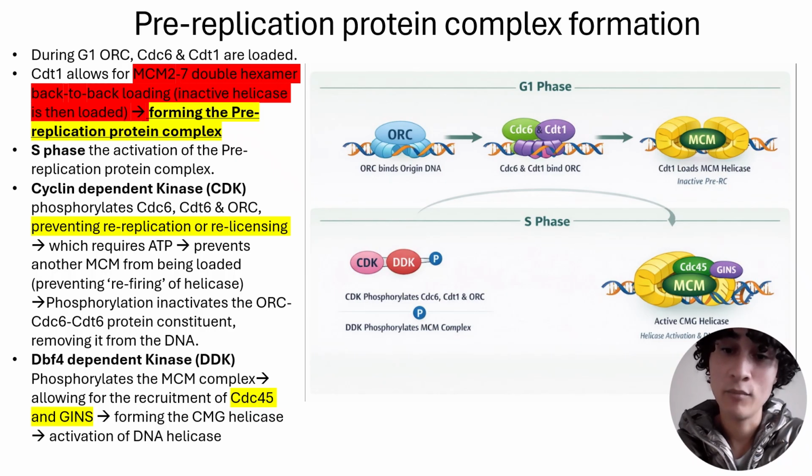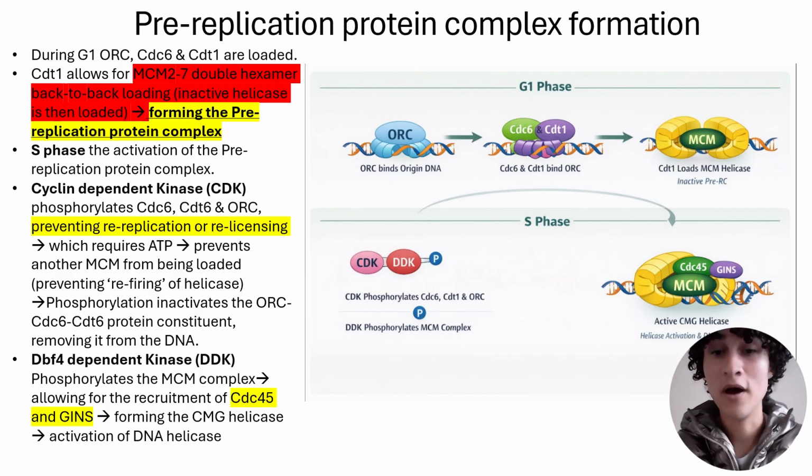It causes that protein recruitment, allows for those constituents to bind to our MCM2-7. Okay, and that will form our CMG helicase. So each hexameric helicase has now got a CDC45 and a GINS constituent bound to it, and that allows it to offload and become this active motor protein and break those hydrogen bonds.